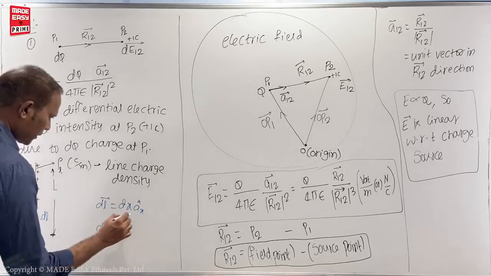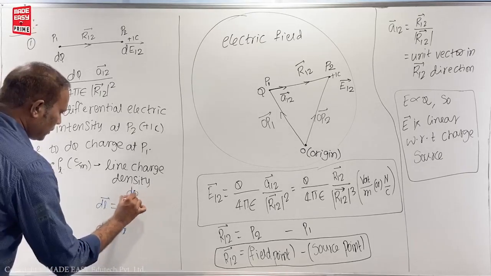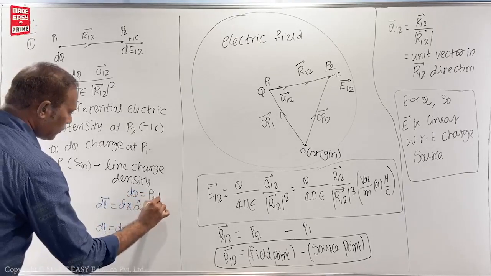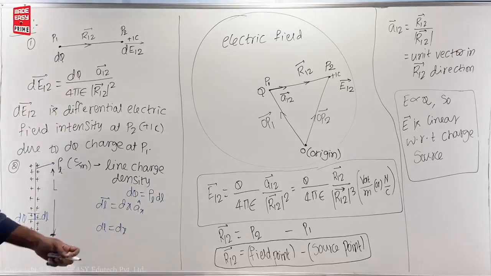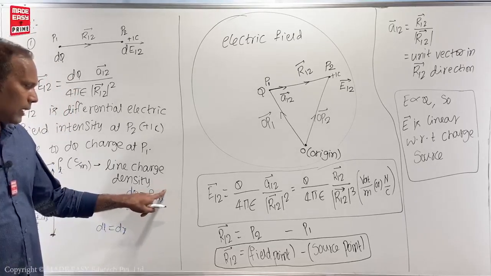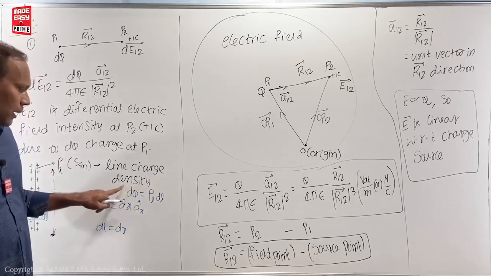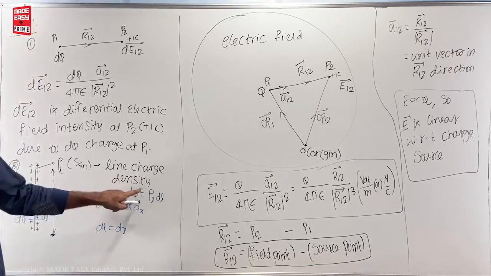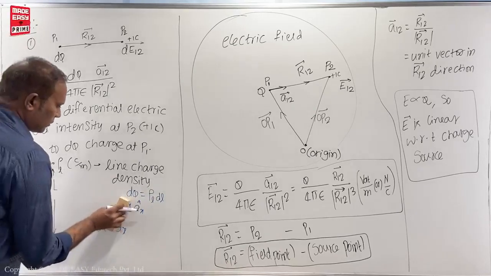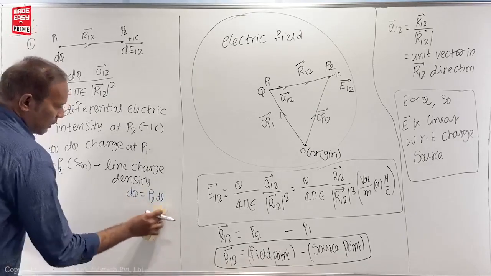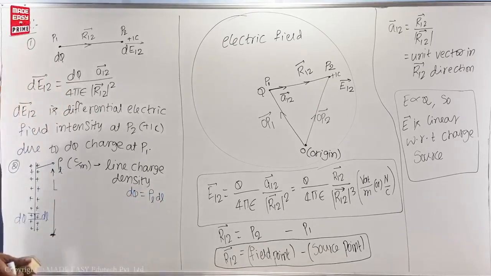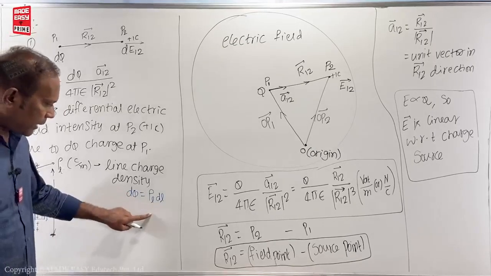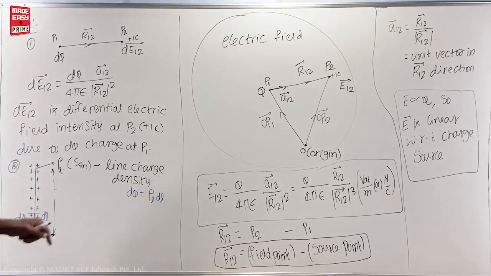Already we have discussed that dq is equal to rho L into dl. Why are we not taking a vector here? If you take a vector, this also should become a vector, but charge is defined as a scalar. So you take magnitude. In small length, small charge is there, and this is coulomb per meter into meter gives coulomb.